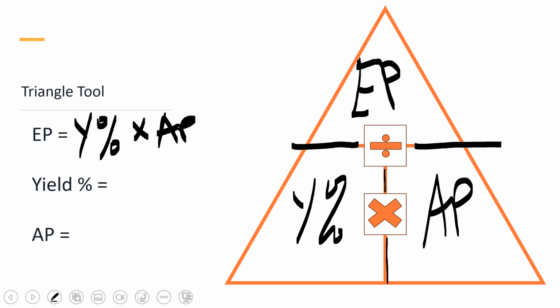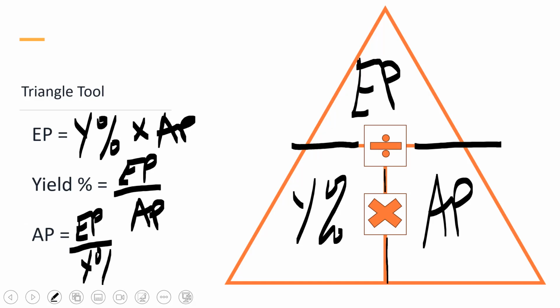And what is remaining is our edible portion divided by our as purchased. And the last one, we cover up our as purchased, and our formula is our edible portion divided by our yield percentage. So with this, we can now manipulate this. We don't have to memorize three different formulas. Just remember, the edible portion goes on top, yield percentage and as purchased are on the bottom.